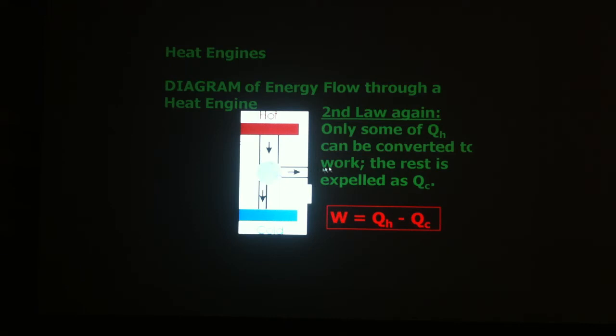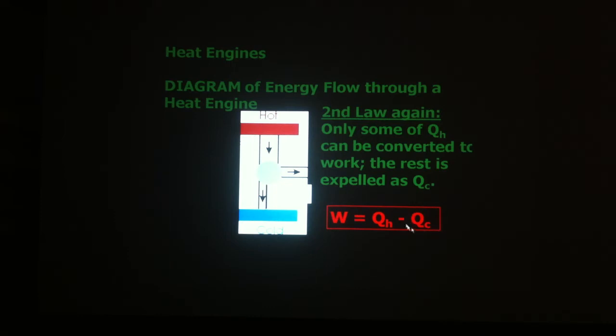And we're going to get some work done out of it by having that hot gas expand against a piston and do work. And then we're going to get some energy that's still expelled to the environment. So some of that heat is going to be expelled back to the environment. So the heat that you put into the engine is QH.